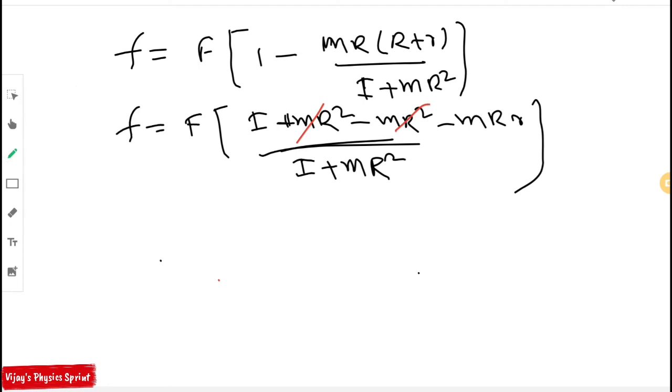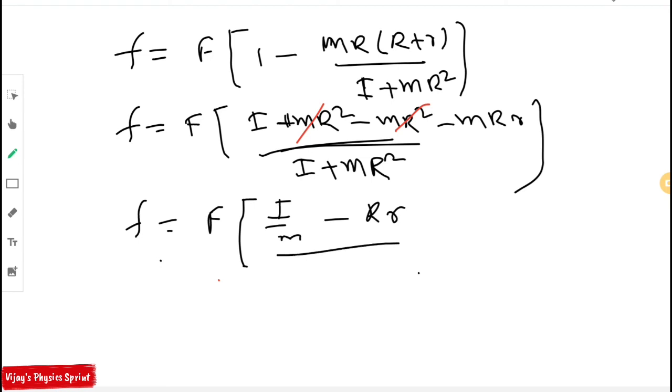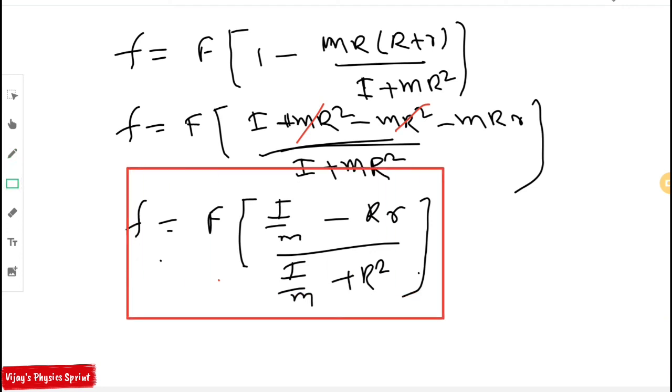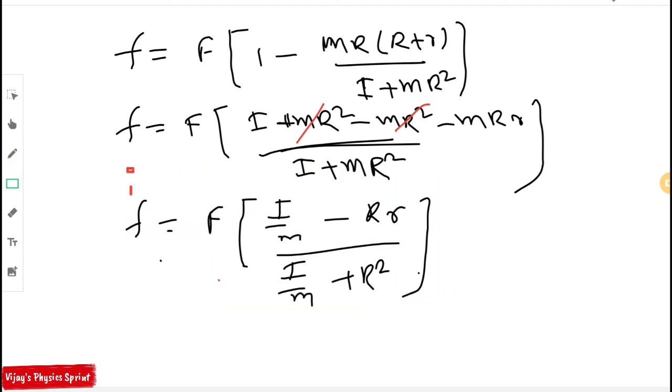Then the final equation for friction is f equals F of (I by m minus Rr) by (I by m plus R square). This is the friction when the force is acting in the upward direction.